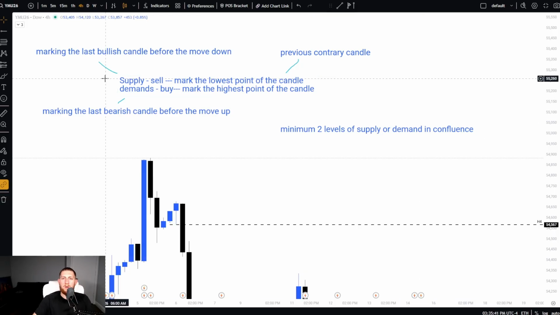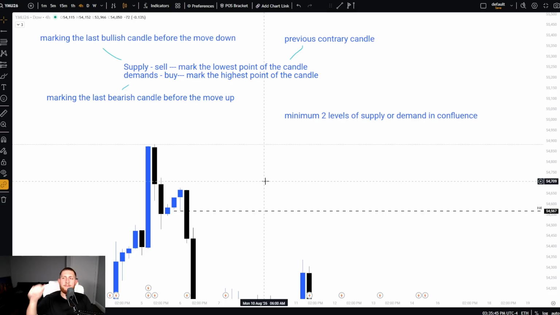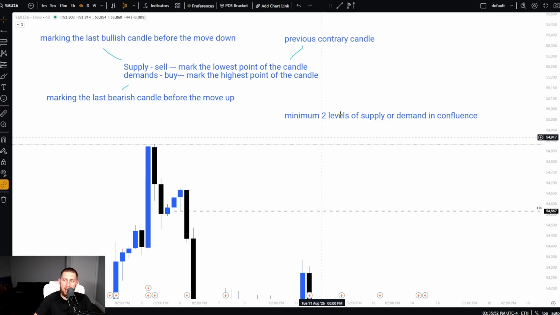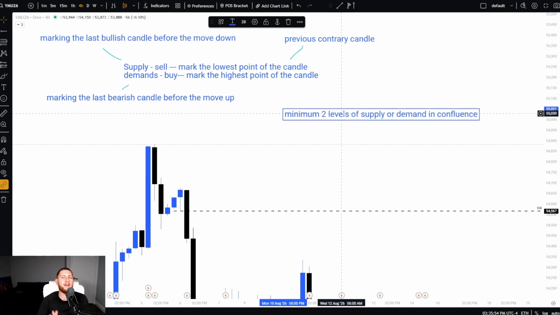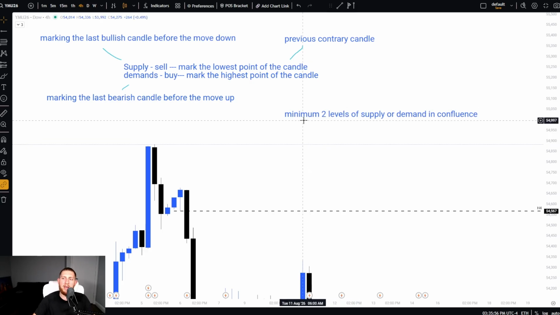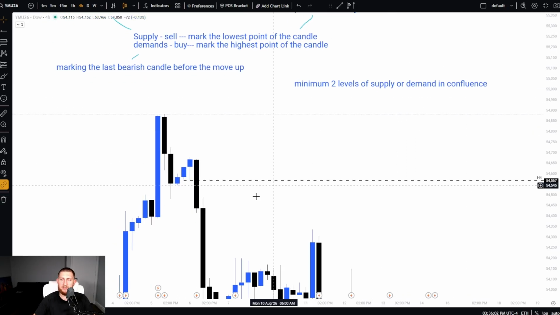Now, when I say minimum 2 levels of supply or demand, you're going to have most likely 99% of the time 2 supply or demand levels on at least 2 different time frames. So I'm going to go ahead and show you what that looks like so you can get a good understanding. But this is the baseline. In order to take a trade, you need minimum 2 time frames in confluence, 2 levels of supply or demand.